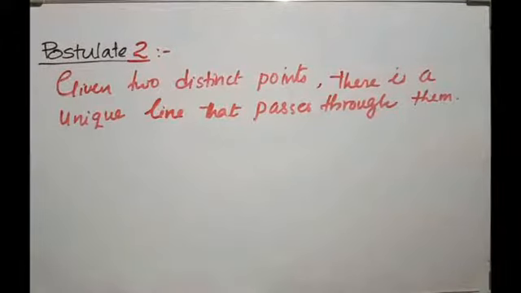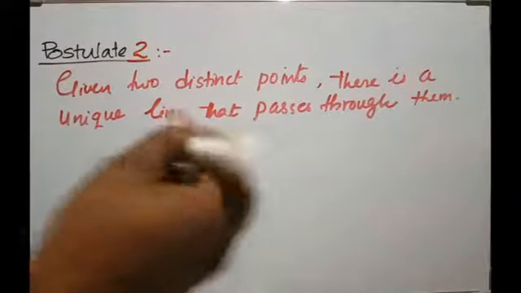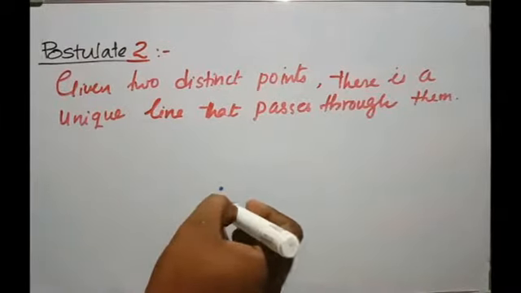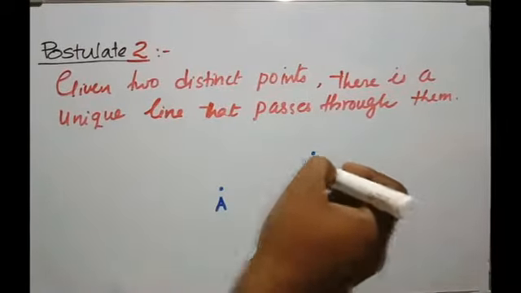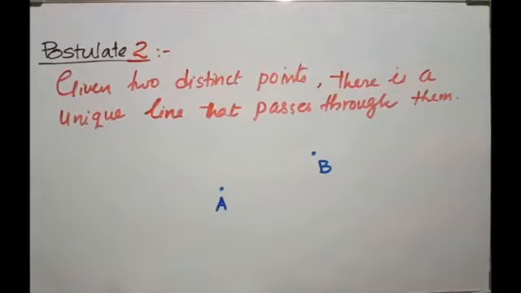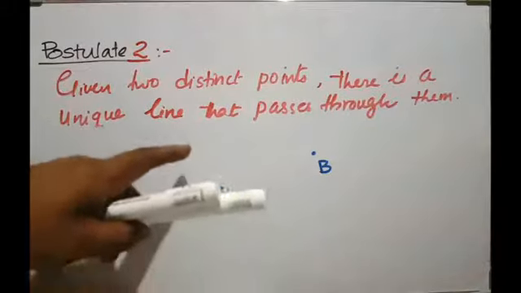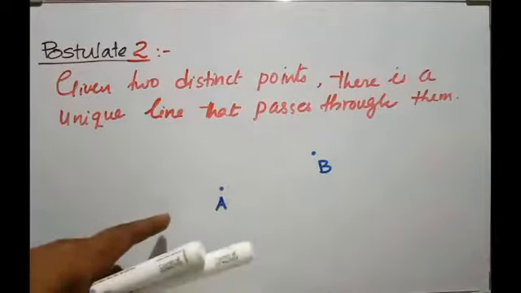Postulate 2. Given two distinct points, there is a unique line that passes through them. So what do you understand from this statement? Given two distinct points. So let's take two distinct points, means two different points. There is a unique line. That means there is one and only one line which passes through these 2 points. Through the point A, we can draw infinite number of lines.